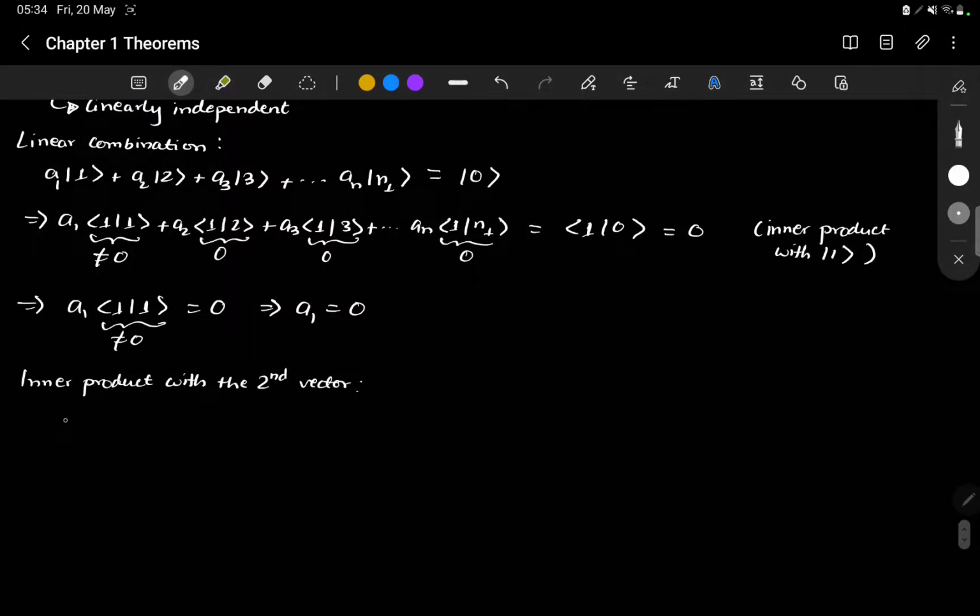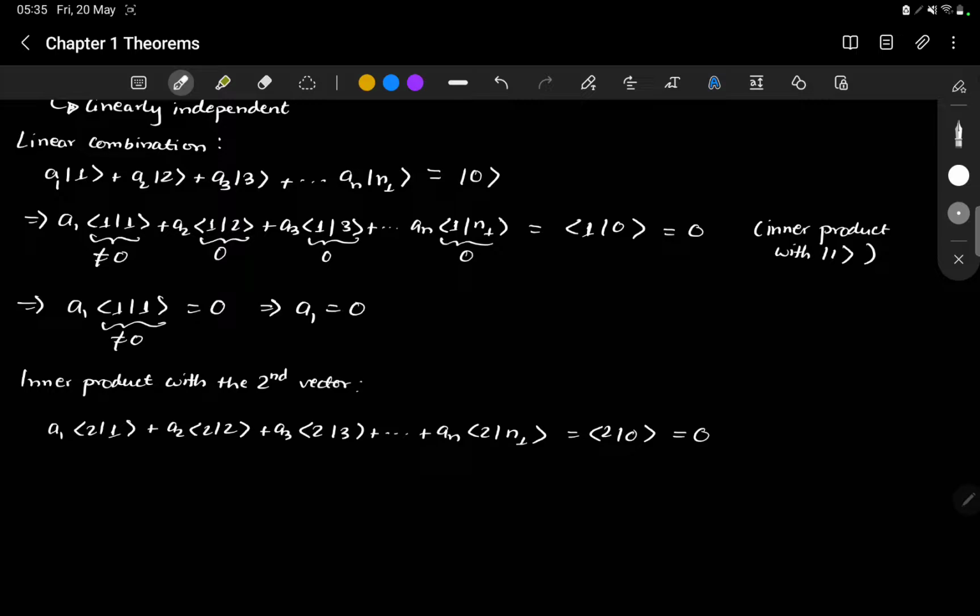We will get the following. This is taking the inner product with the second vector.